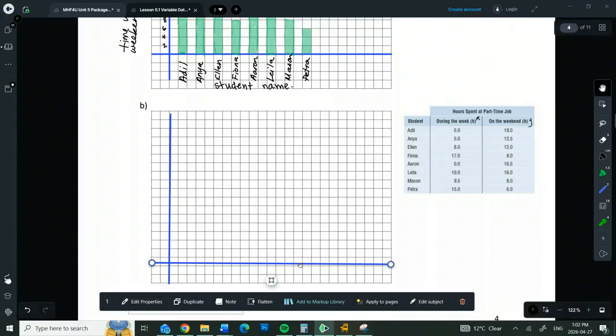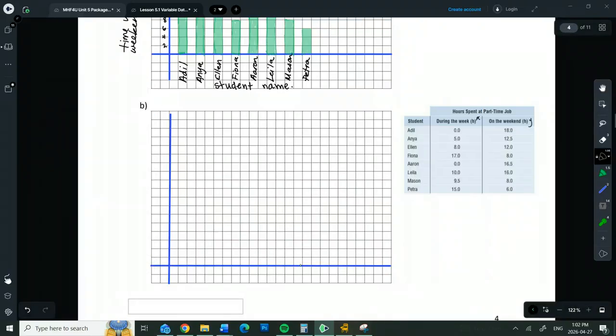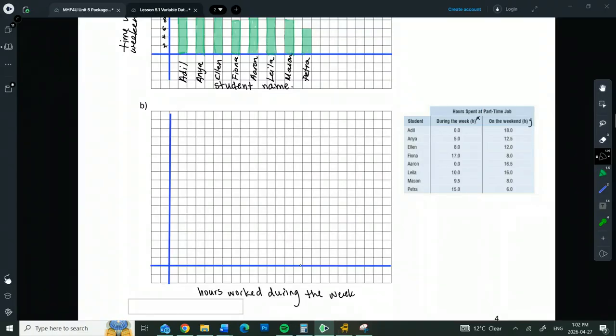I'm just going to move this down ever so slightly. So we're going to have, let's say, hours worked during the week. And obviously it's implied that the unit of measurement is hours, but we can put hours in brackets as well. And then we will have hours worked on the weekend.